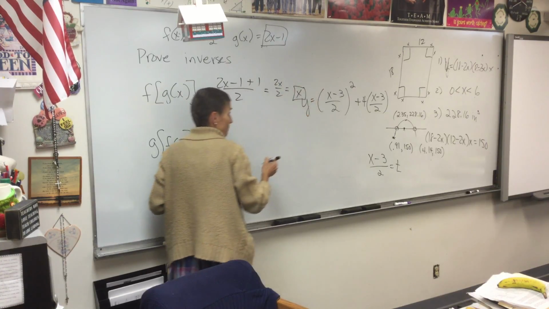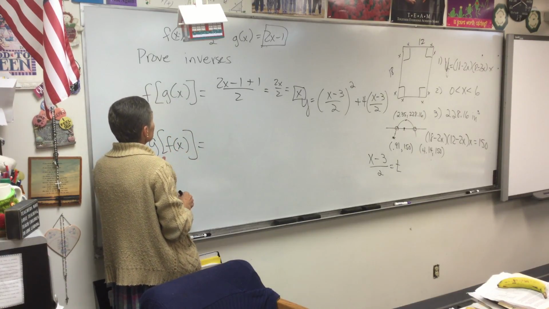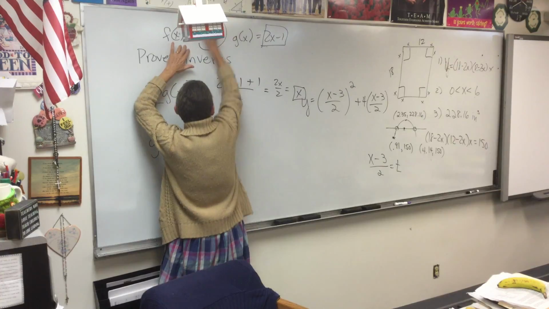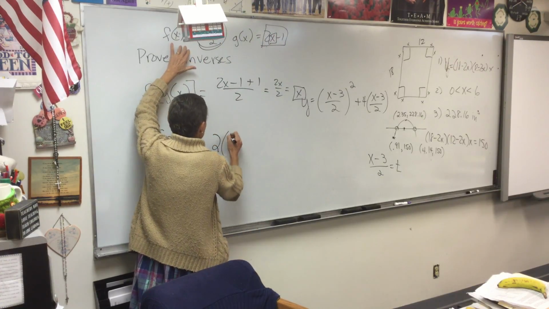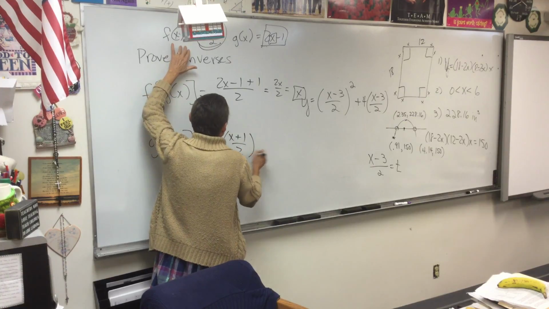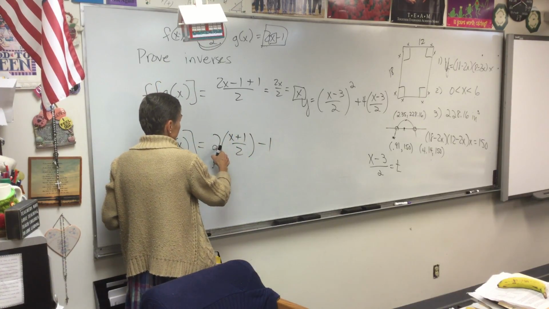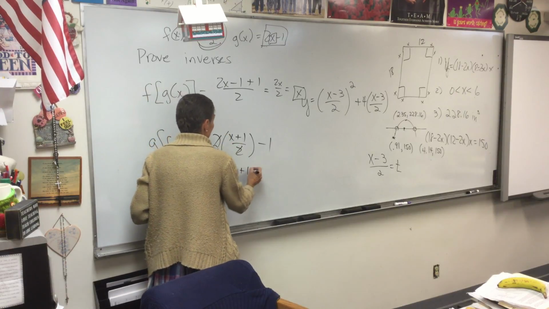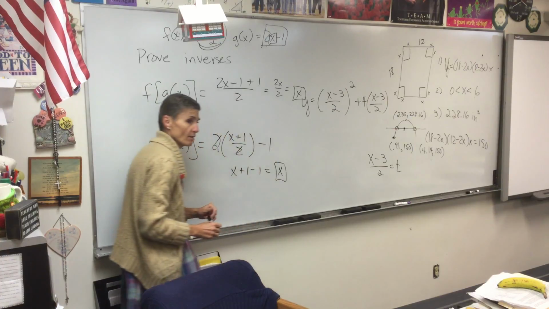That's what has to happen. So far, so good. Now I'm going to plug F into G. So it'll be 2 times (x plus 1) over 2, minus 1. What happens to these two 2's? So I have x plus 1 minus 1, which is x. I just proved they're inverses.